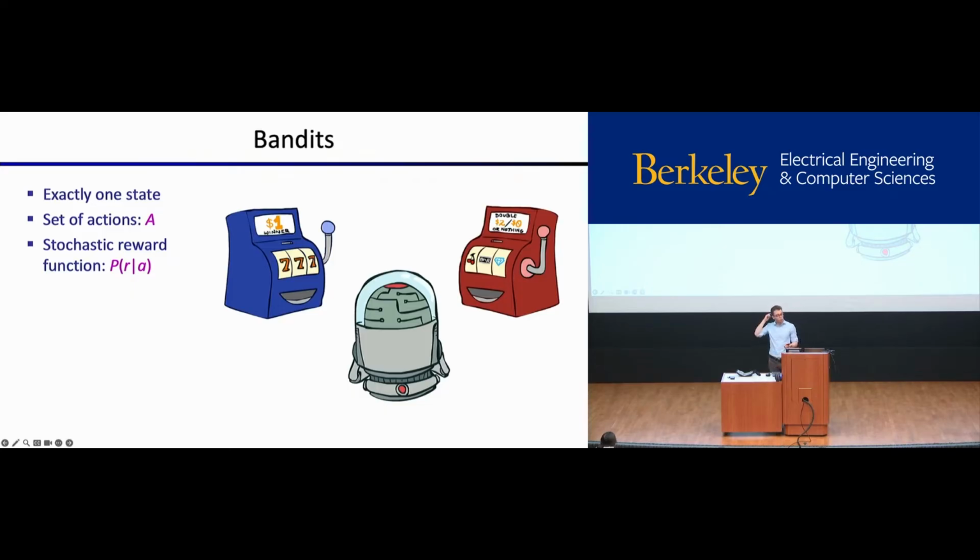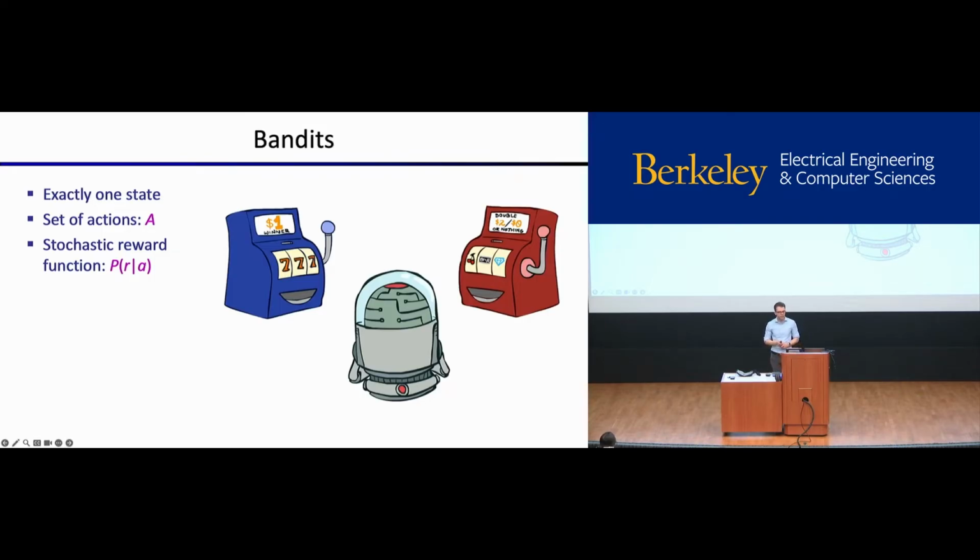It might give you the same reward every time, but it could be stochastic in a bandit. In an MDP, we typically assume that the rewards are fixed, that they're deterministic, given a state, action, next state transition. But the main difference is that there's exactly one state for bandits.